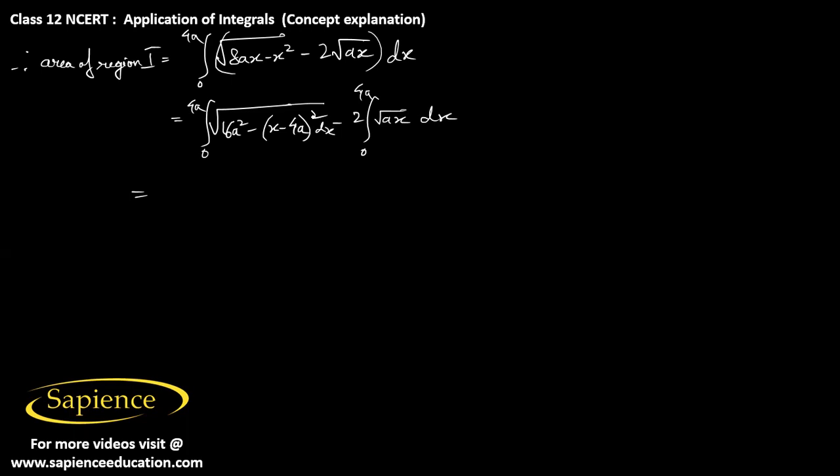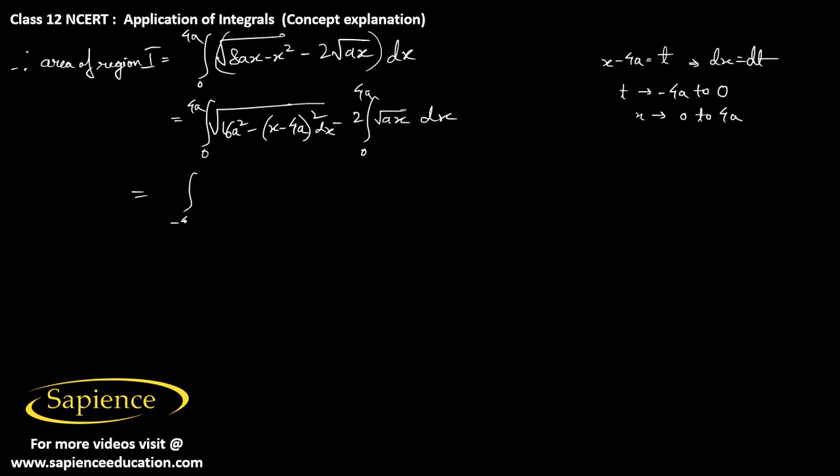So here if you take x minus 4a equal to t, then dx will be equal to dt. And when x is going from 0 to 4a, t is going from minus 4a to 0.